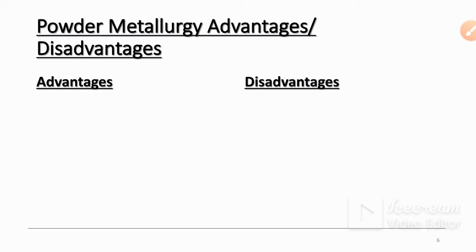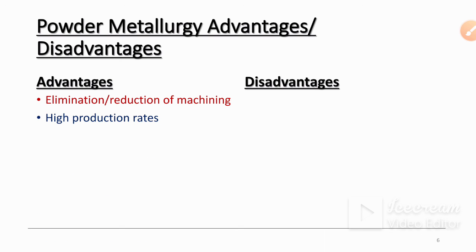So there are some advantages and disadvantages of powder metallurgy. The advantage is elimination or reduction of machining. Very little or negligible machining is required after manufacturing a product. Then high production rate. Okay, so this process has a high production rate.